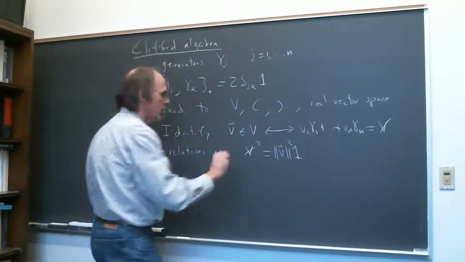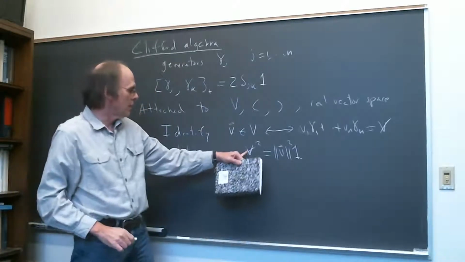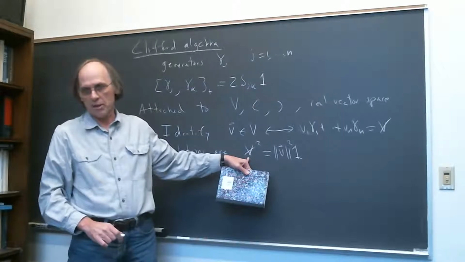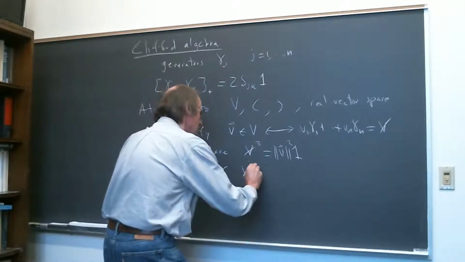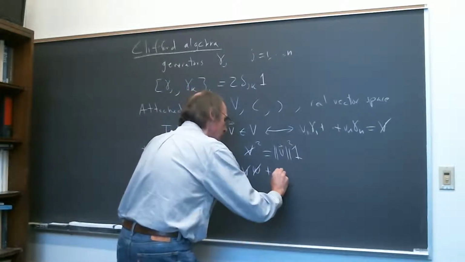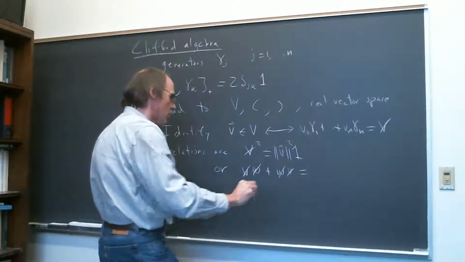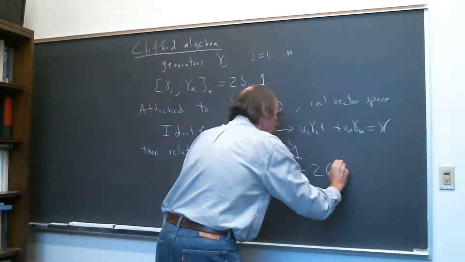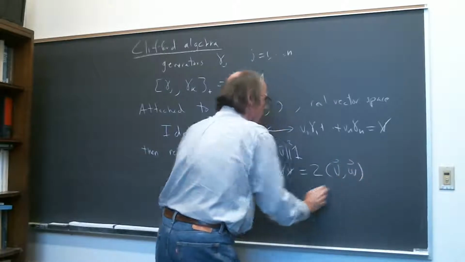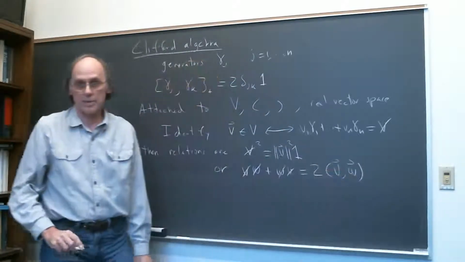You can also write this more generally: you get the same thing by putting v plus w in here, and then you get that v slash w slash plus w slash v slash is equal to twice the inner product, or if you like, this bilinear form on these guys.